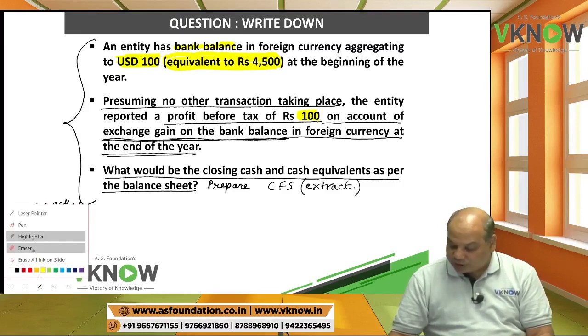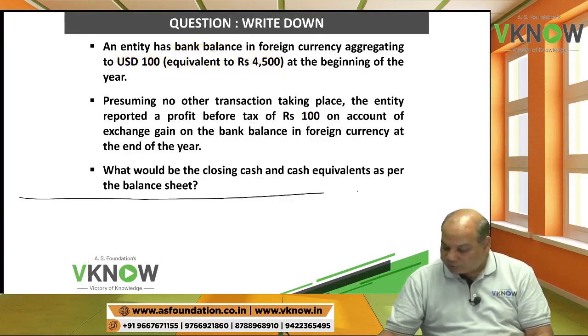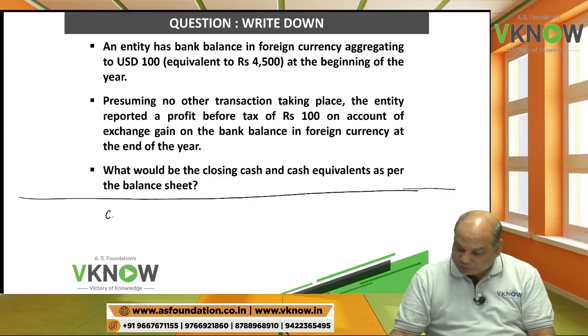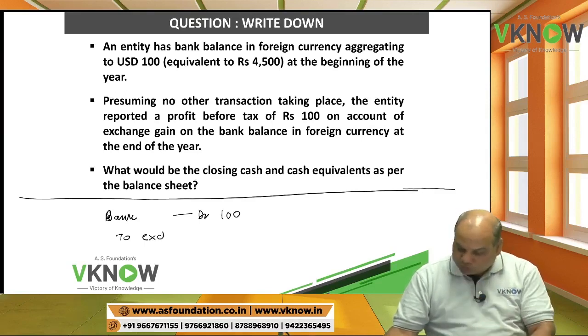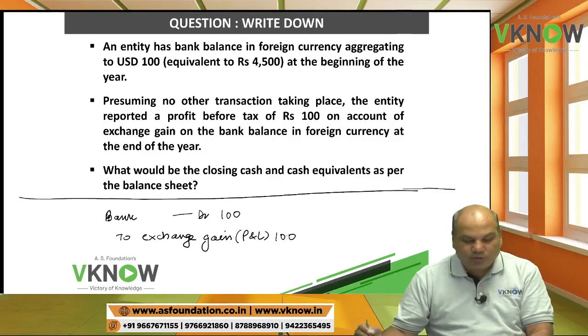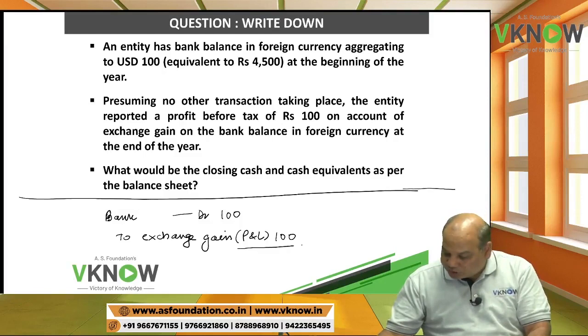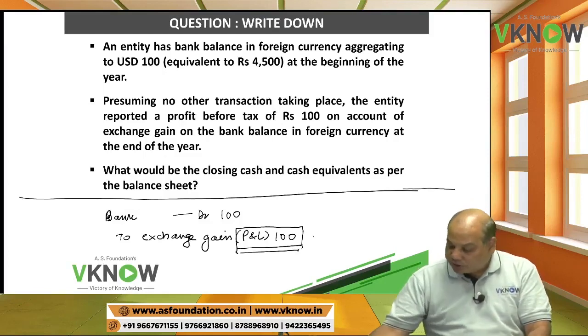What is the entry they will have to pass for exchange difference? Bank account debit 100 rupees to exchange gain, which will go to P&L account, 100 rupees, which means their P&L account is showing 100 rupees, but this is unrealized.